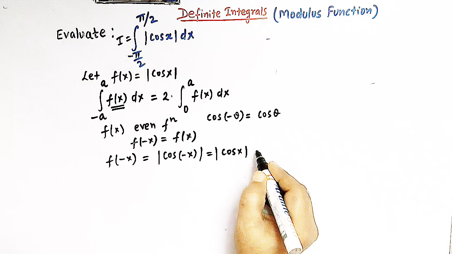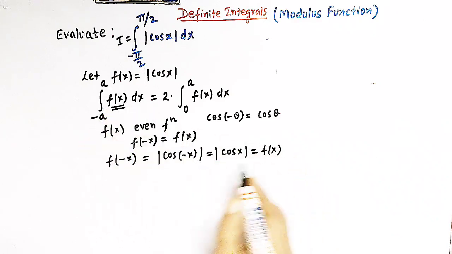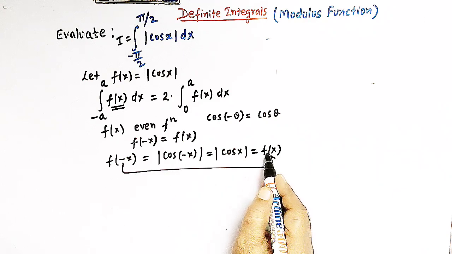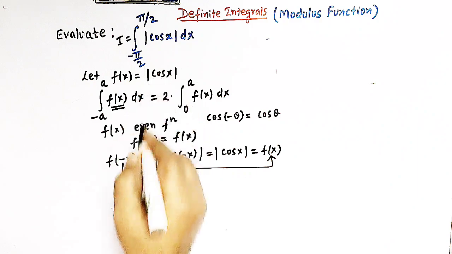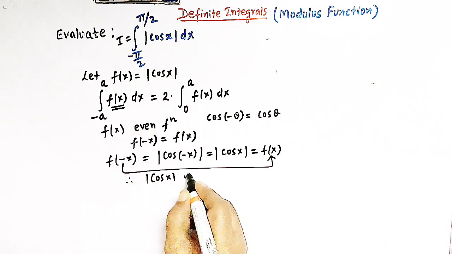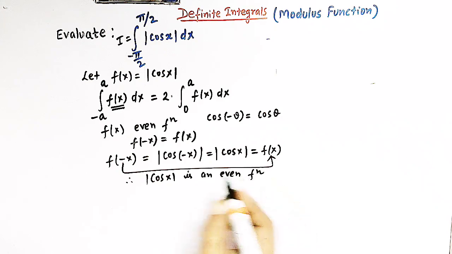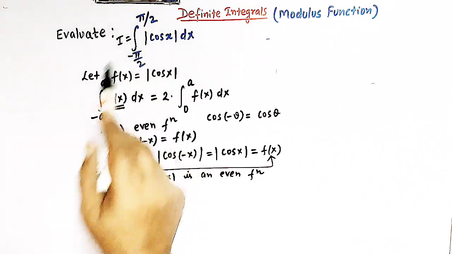And here mod of cos x is equal to f of x, right? So we can see that f of minus x is equal to f of x. So we can claim that the integrand, that is the mod of cos of x, is an even function, right? So we can now apply this property to this integral.